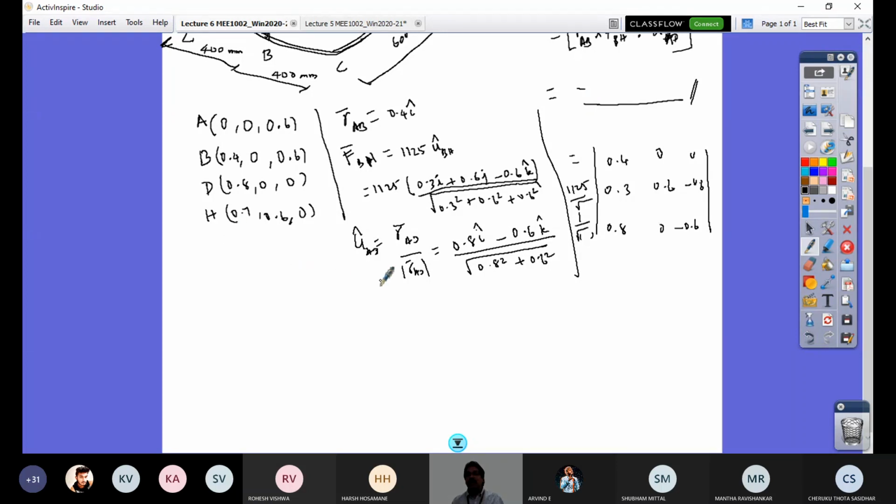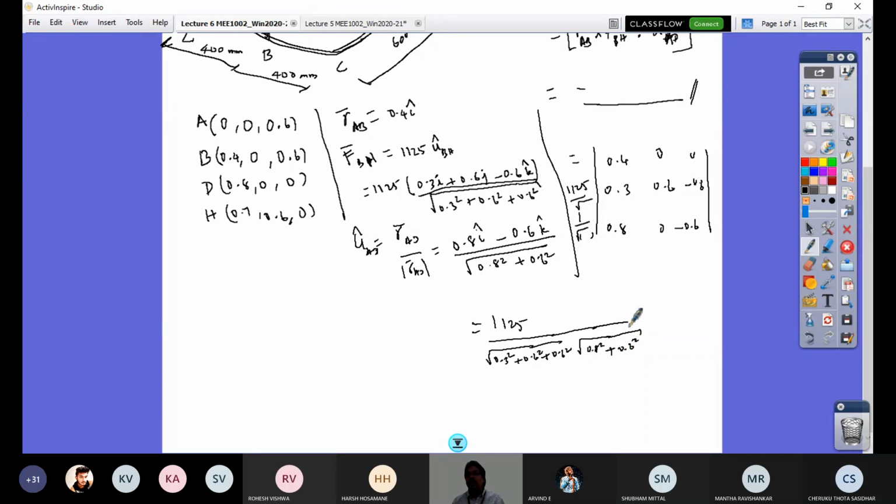So if I work out this, it is 1125 divided by the root of 0.3 square plus 0.6 square plus 0.6 square, again under root of 0.8 square plus 0.6 square, right?